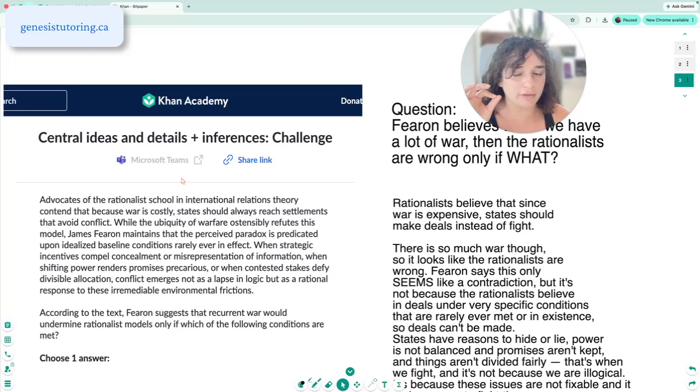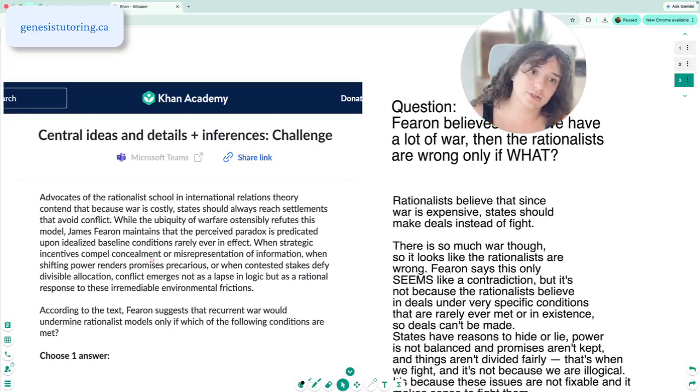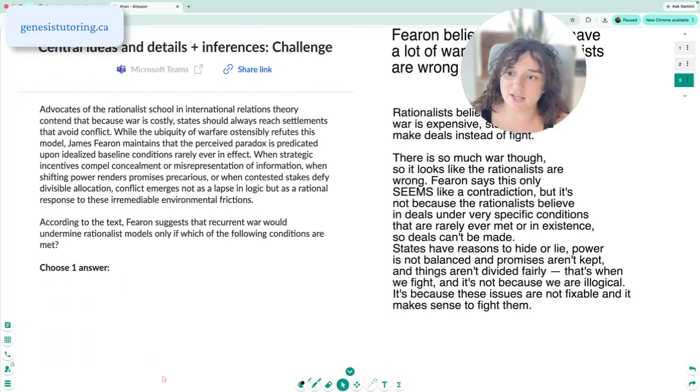So if we want the rationalists to be wrong, we would have to show that those issues are not in effect. We don't have promises being broken. We don't have issues dividing things up between places. We don't have issues hiding information or lying. And yet, if we're missing all of those terrible things and we still choose not to settle, then the rationalists would be wrong. And that's the answer that I'm looking for.